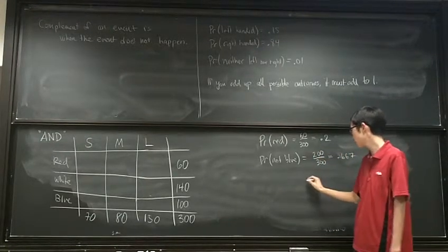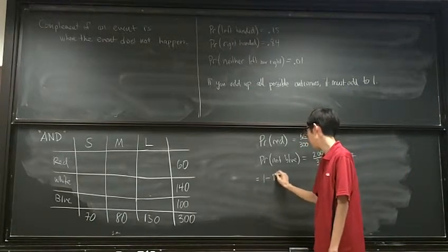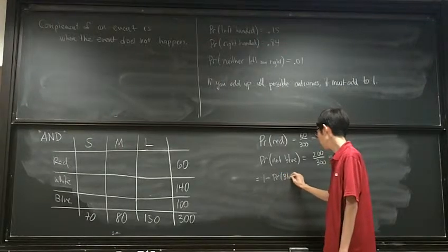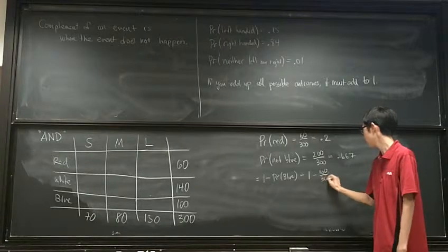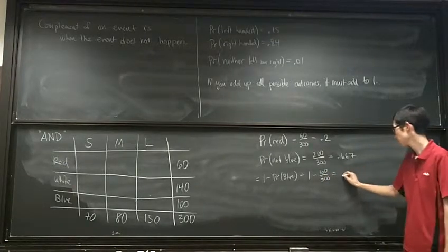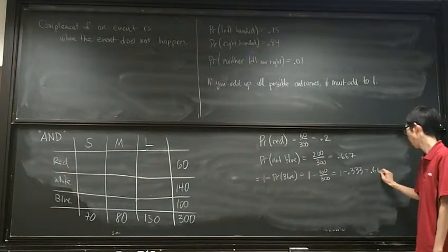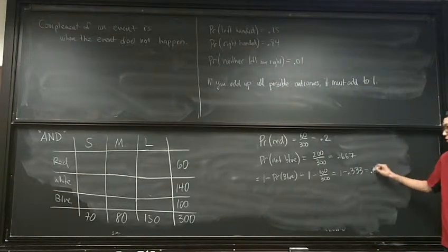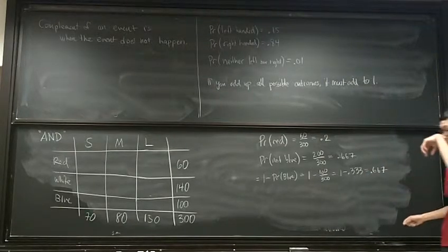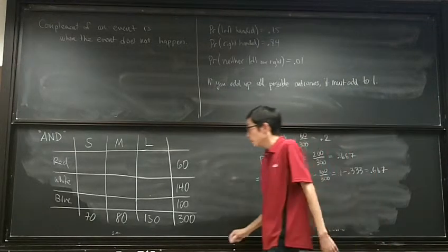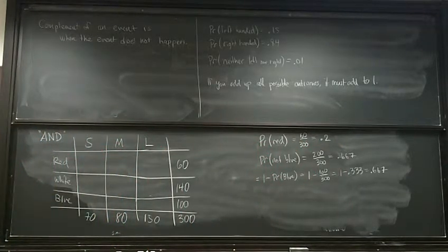Or another way is I could do 1 minus the probability of blue, 1 minus 100 out of 300, 1 minus 0.333. Okay. These two things are exactly equivalent.